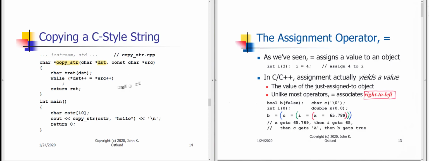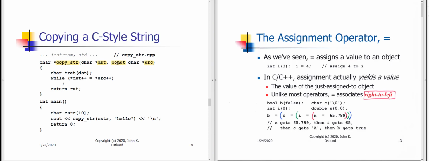One is called DST, the other is called SRC. And these are for source and destination. Now, the source string is going to be copied into the destination. The source string we're treating as a const.